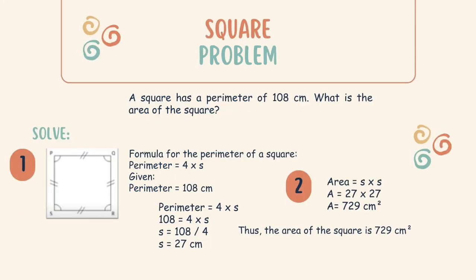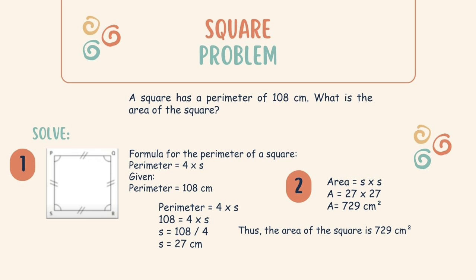For example, a square problem. The question is: a square has a perimeter of 108 cm. What is the area of the square? Because the question gives a value of perimeter, we can use the formula for the perimeter of a square, where the formula is 4 times side.